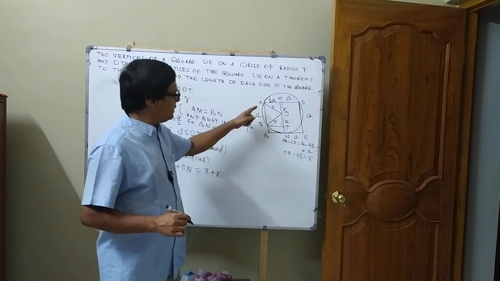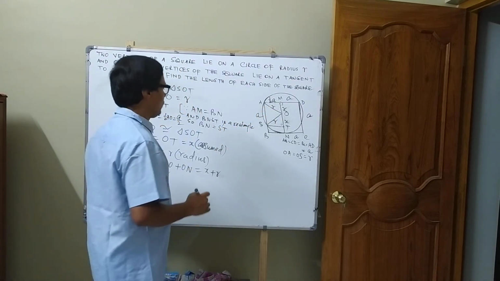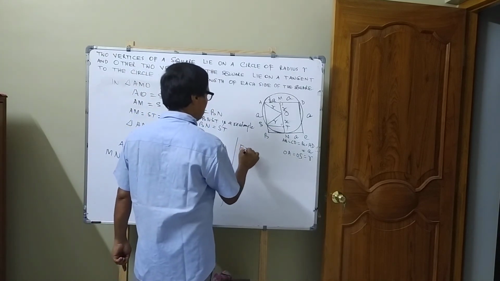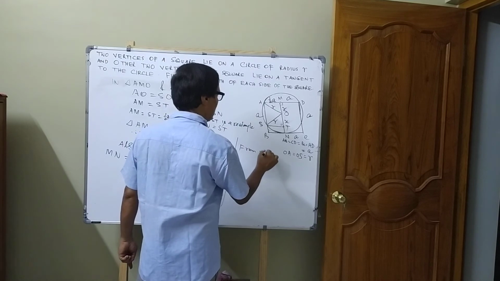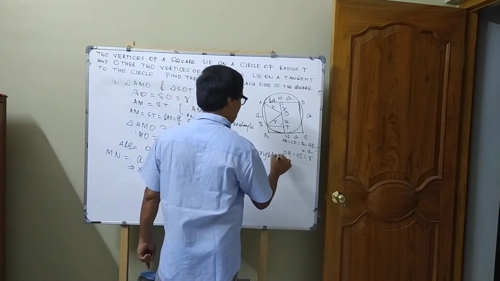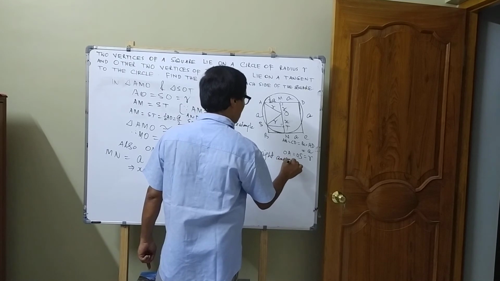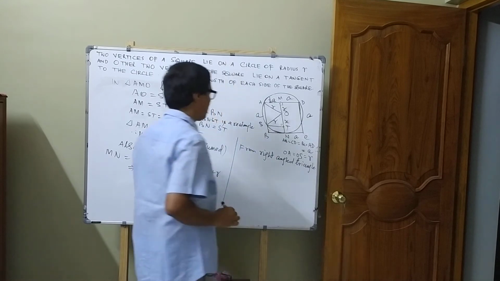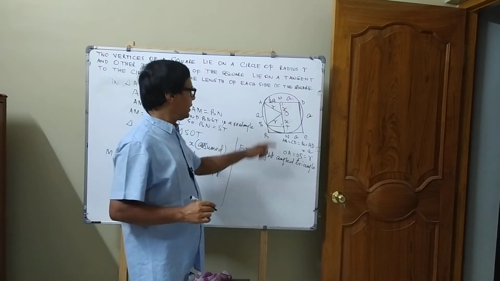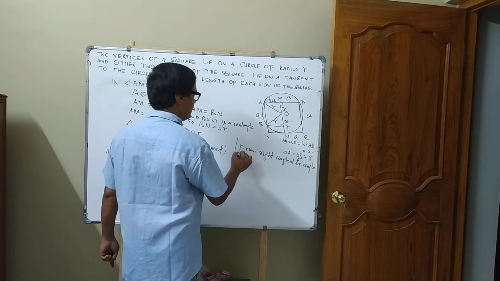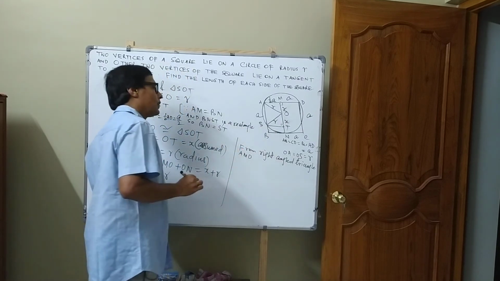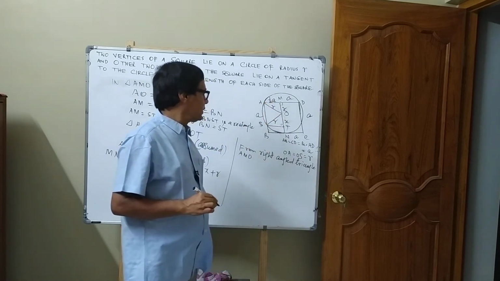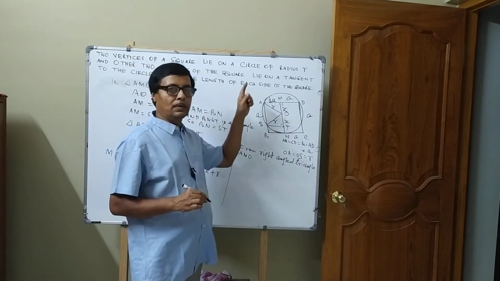Now we consider the right angle triangle AMO. From right angle triangle AMO, we can find the relation among the sides from the Pythagoras theorem.